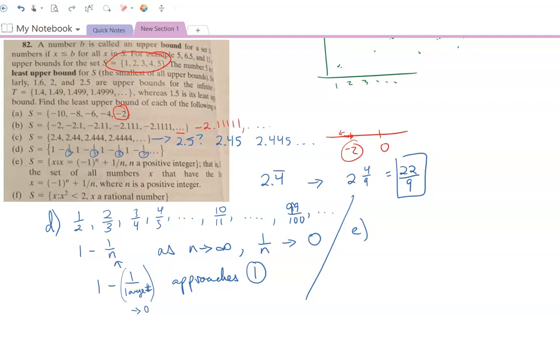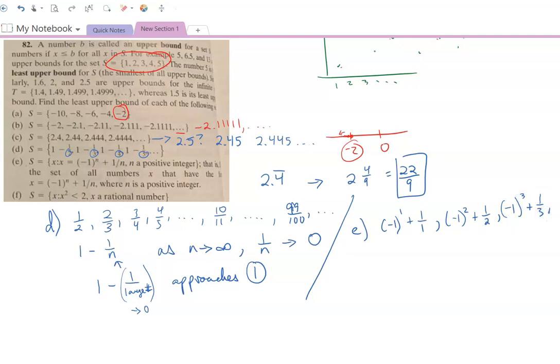So writing that out, in positive integers we're starting with 1. So negative 1 to the first plus 1 over 1. Okay, and I'll simplify that here in a second. And then negative 1 to the second plus 1 over 2 when n is 2. And then negative 1 to the third plus 1 over 3.